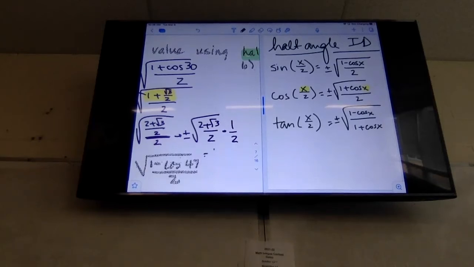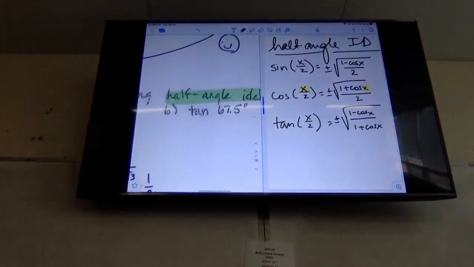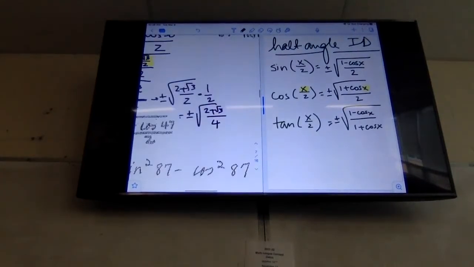So that's going to give me 2 plus root 3 all over 4. And we're actually almost done because do you know the square root of 4? 2. So that's going to be plus or minus the square root of 2 plus root 3, all over 2.